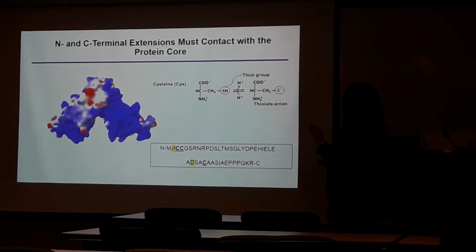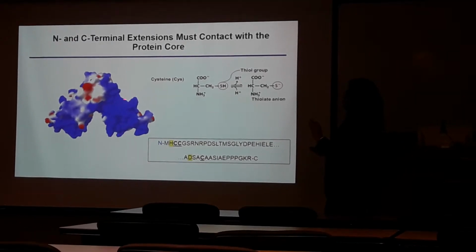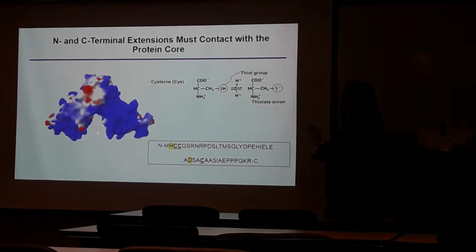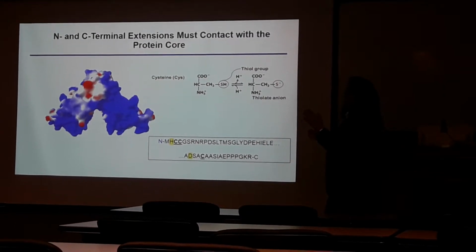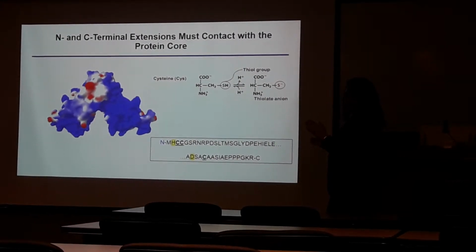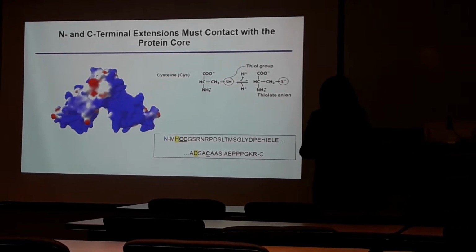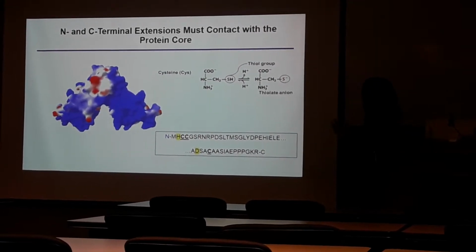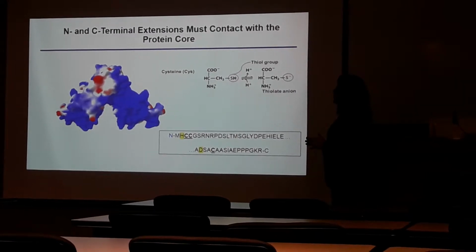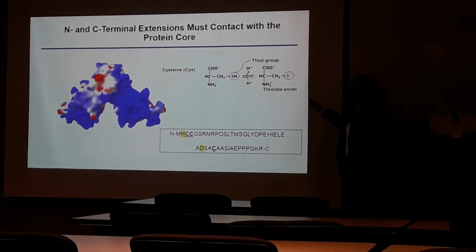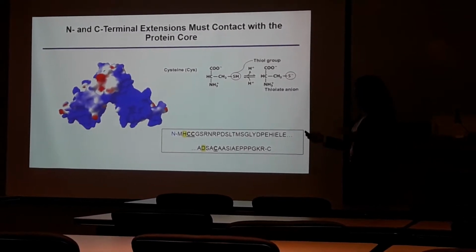Now this cysteine thiolate can also contribute to neutralize the positively charged patch, and thus the cysteines are contributing to maintain the stability of the protein. So from here, we concluded that N and C terminal extensions must contact with the protein core. They are not actually disorganized.